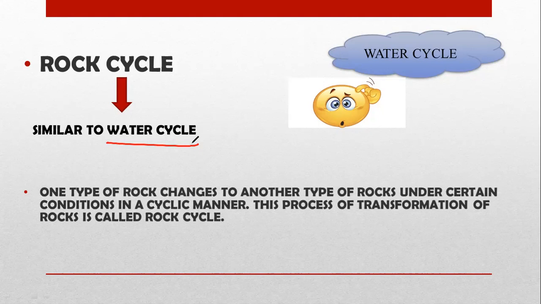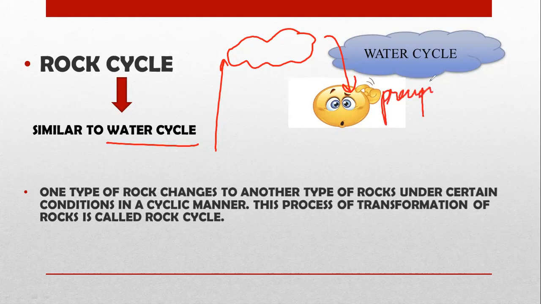During evaporation, water changes into water vapor. It condenses and forms clouds. Further, it again returns to the earth through precipitation, and thus the form of water keeps on changing.